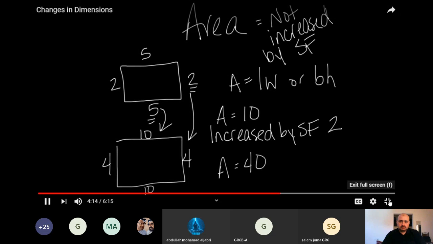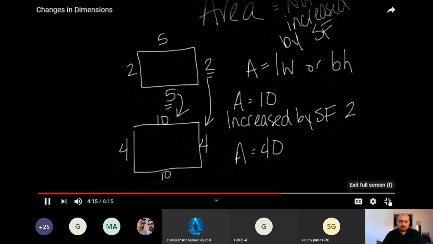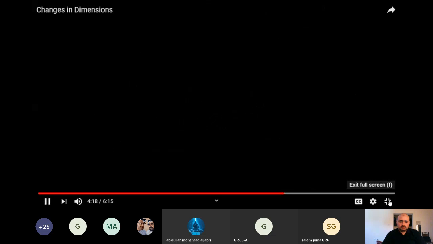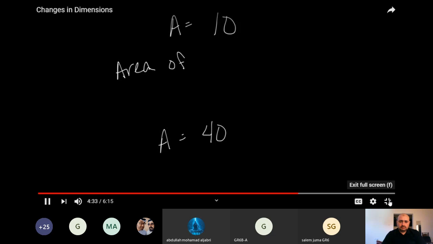Here's the rule. When I'm comparing the area of 10 and the area of 40, it's the area of the original multiplied by scale factor squared.